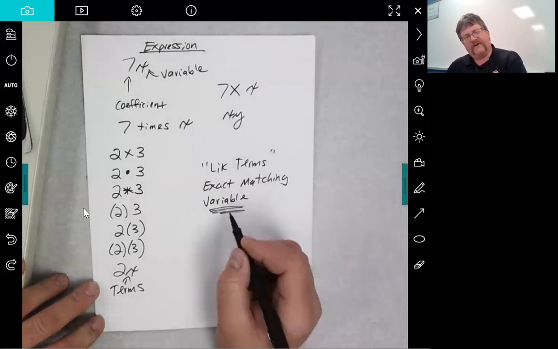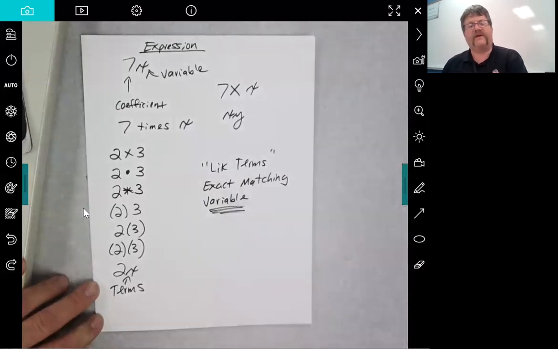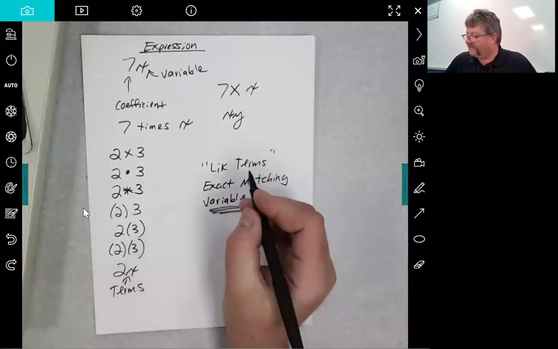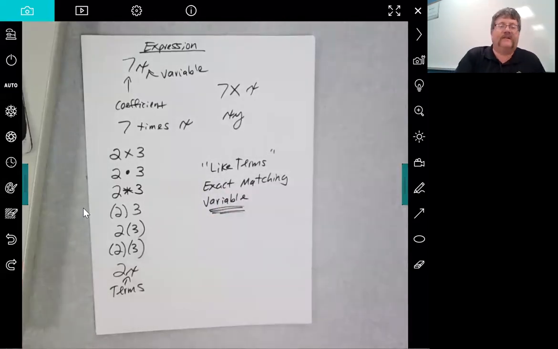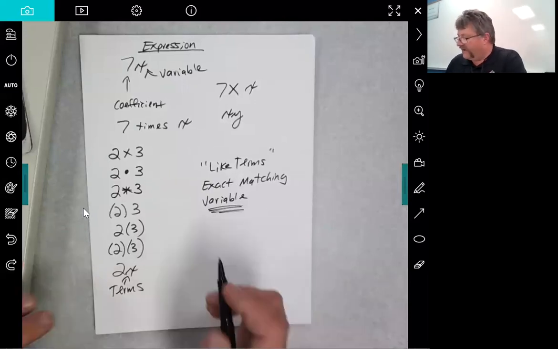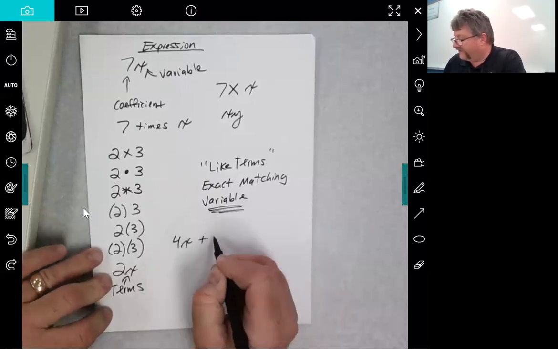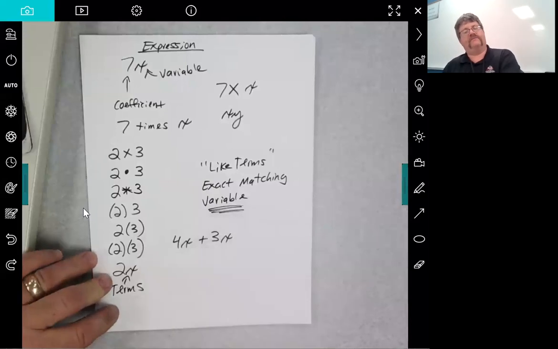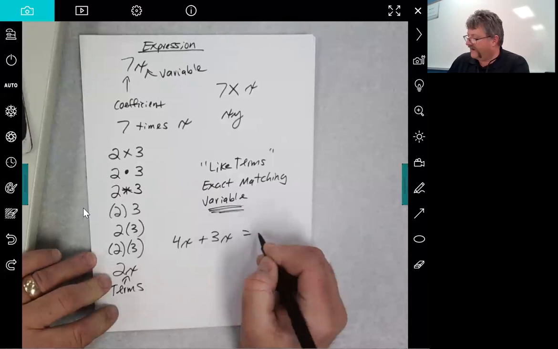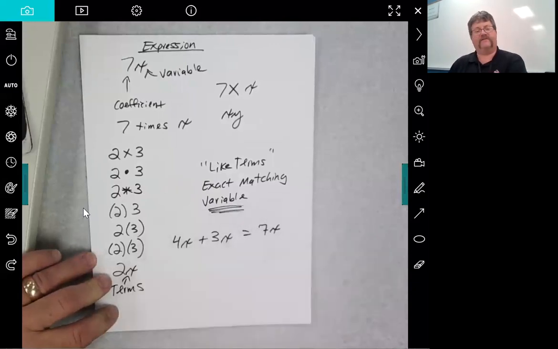Not the coefficients, not the number in front, the letter has to match. And once I have matching letters, I call those like terms. When I have like terms, I can add and subtract them. So if we have, for example, 4x plus 3x, they're both x. They have like terms. I can simply combine them and call that 7x.